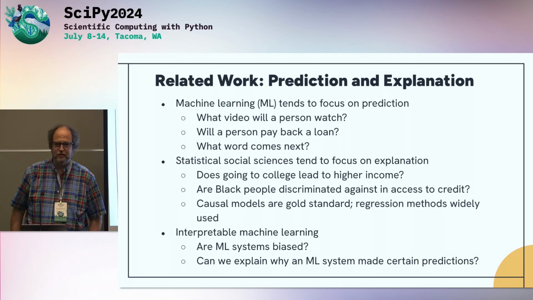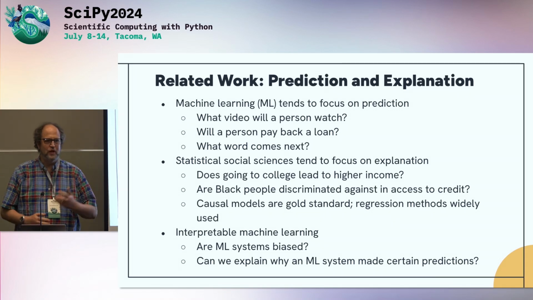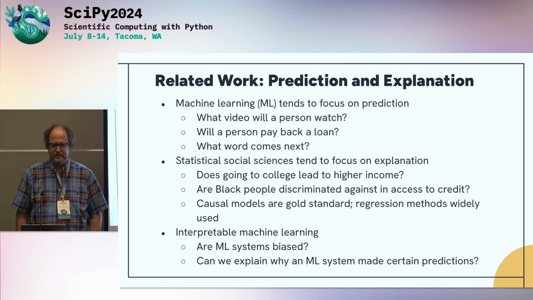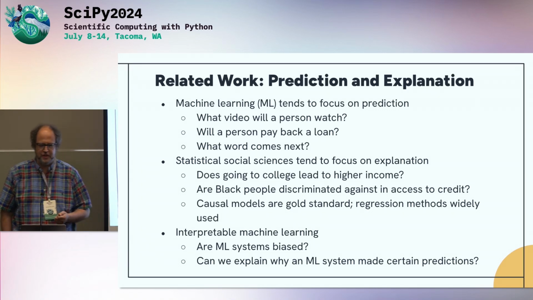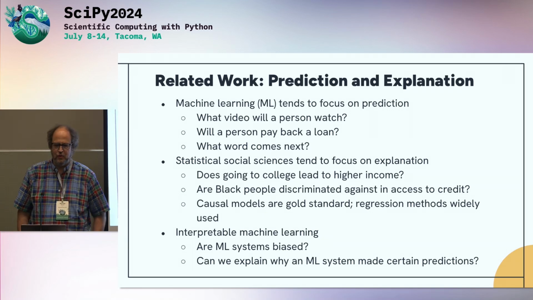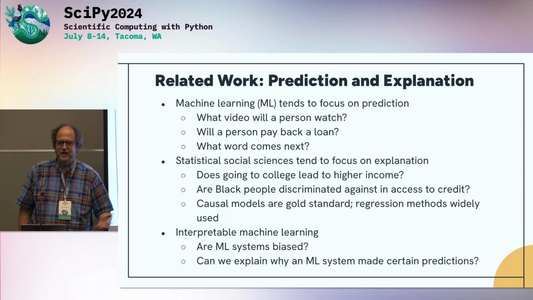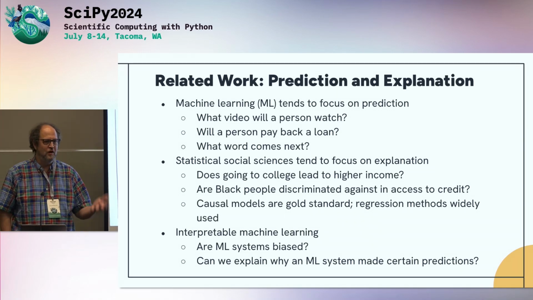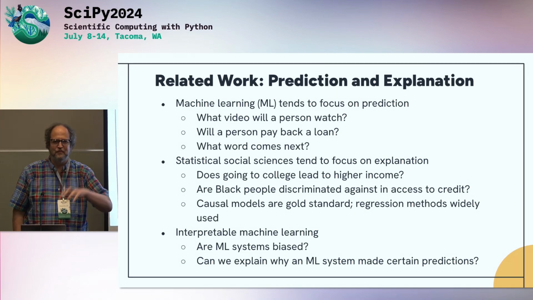Okay, so background. This work really brings together three areas. Machine learning, which in the traditional sense tends to focus on problems of prediction, right? So what video would someone want to watch next, or who's going to be able to pay back a loan, or in the LLM case, what word comes next. Statistical social science, which has been around longer, has a different focus.